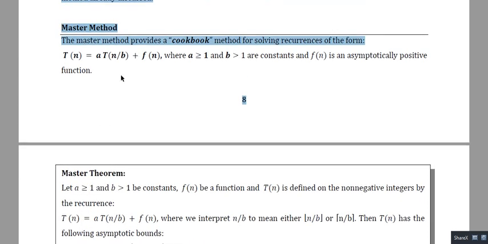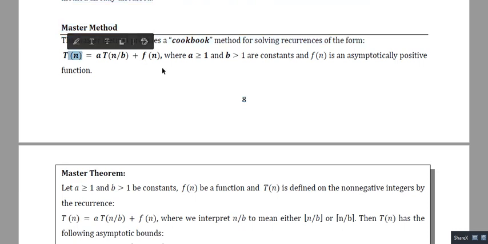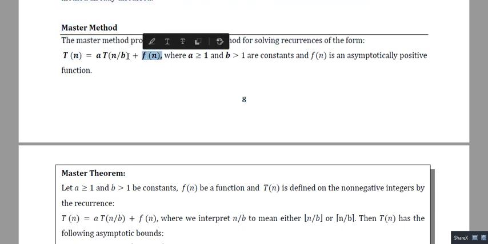Now if we want to solve a recurrence of this form, out of these two terms, this particular term may be asymptotically higher than the other. If this happens, then the time complexity will be this portion, and if this part is asymptotically higher, then this one will be higher.